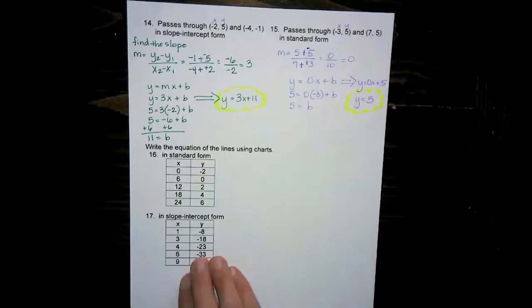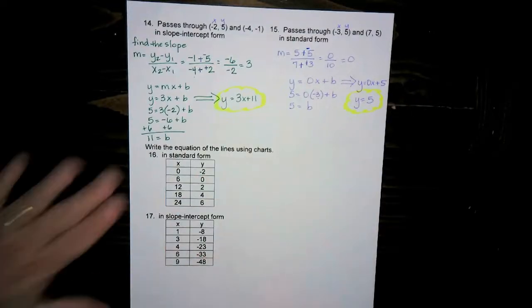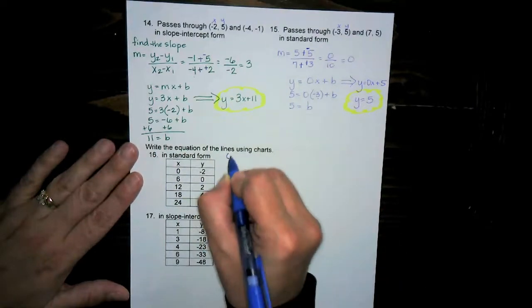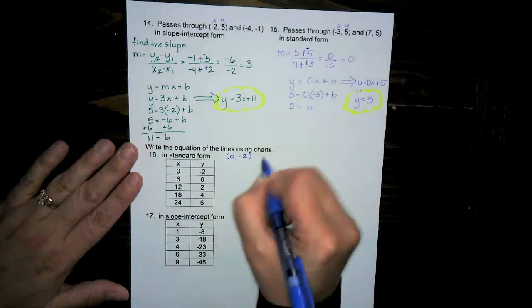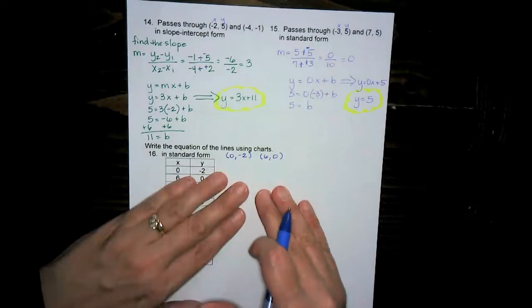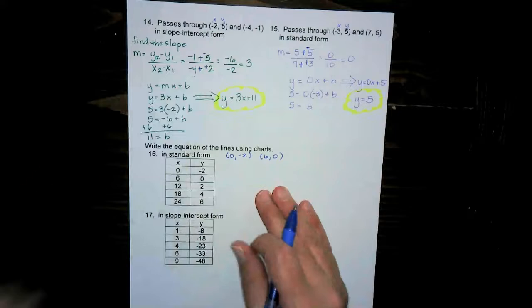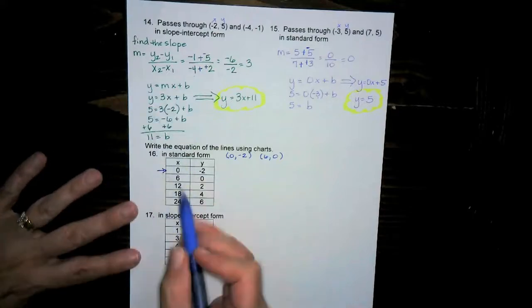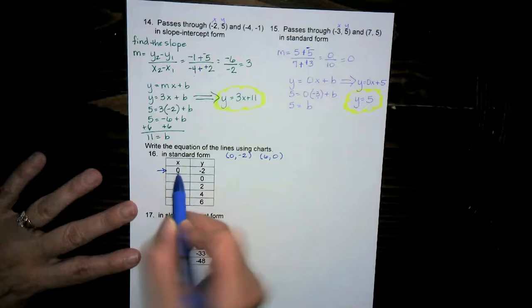All right, I got a couple more here coming from a chart. So when you look at a chart, you have to realize these are just ordered pairs, okay? So you've got 0, -2, and you've got 6, 0. We can work with this the same way we did these. The only thing that's different is that this one is very special because x is 0.